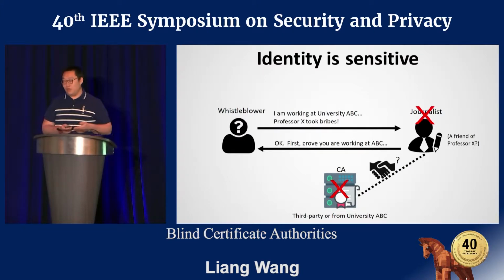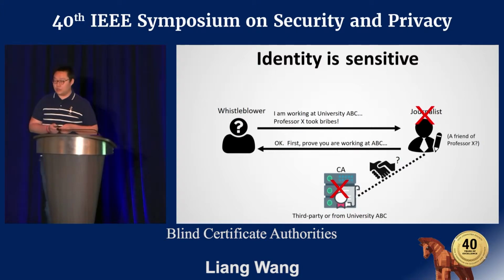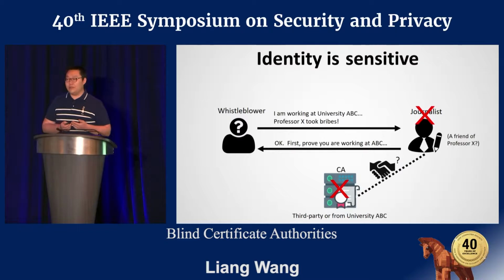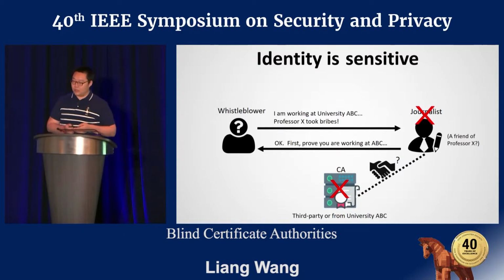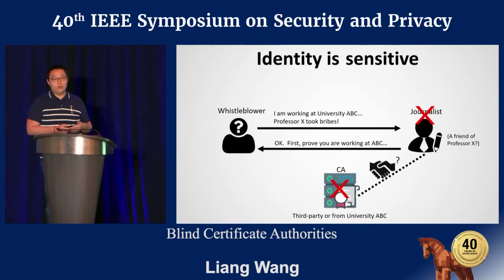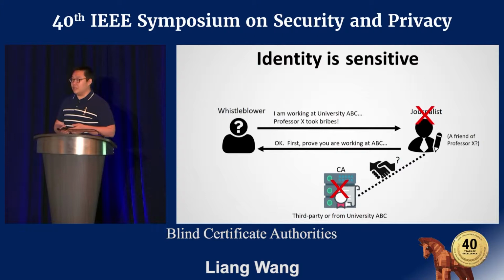Say a whistleblower wants to report some scandals to a journalist, and the journalist needs to verify the whistleblower's identity to validate the source of information. But the whistleblower does not know whether the journalist can be trusted or not.